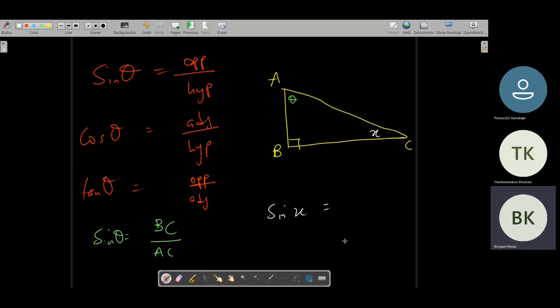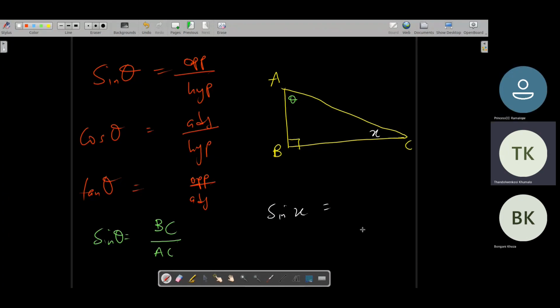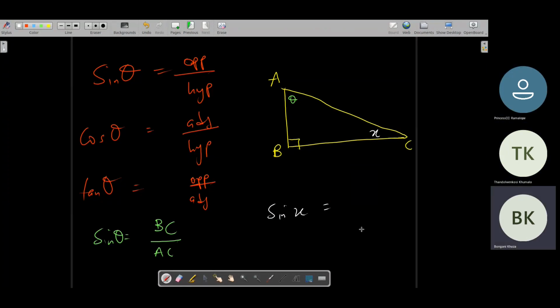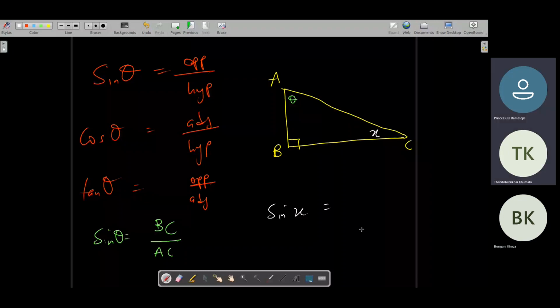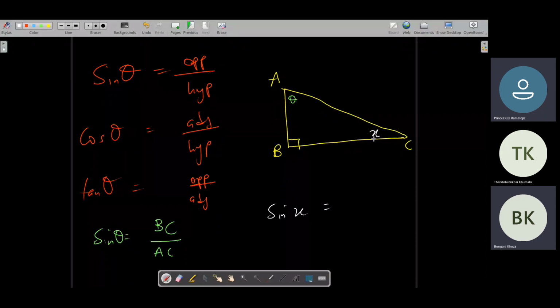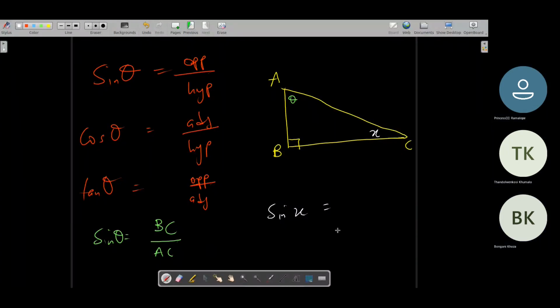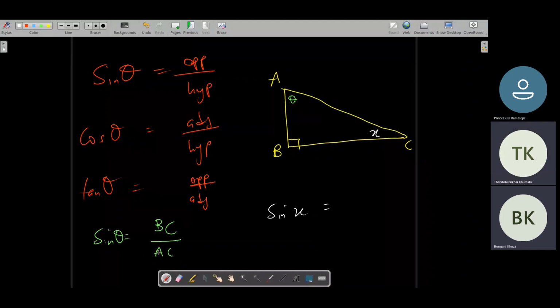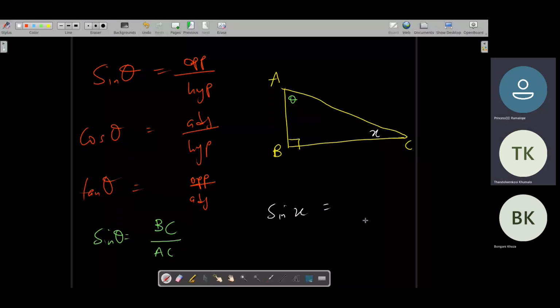Remember, you're checking the opposite of x now, not of theta. You're looking for the whole side, not A alone. So what's the whole opposite of x? AB.